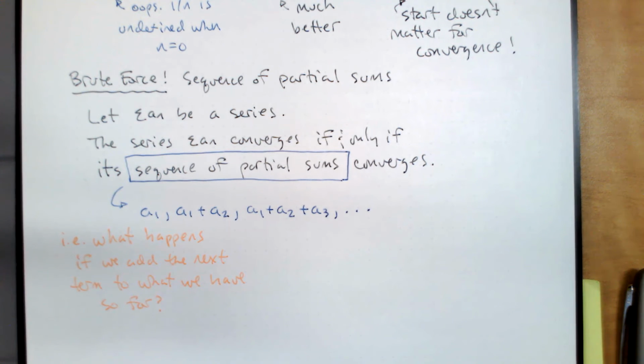We know that this sequence converges if the terms have a limit. So if this process of continually adding the next term is headed towards some limit, then we would say that the sequence converges. And since this is a sequence of partial sums, that means the series converges.